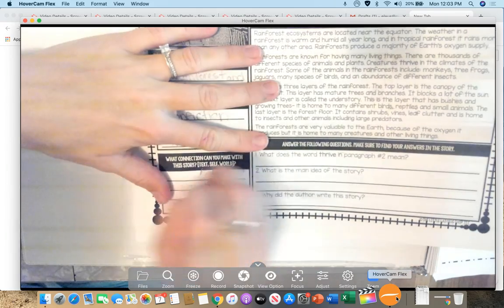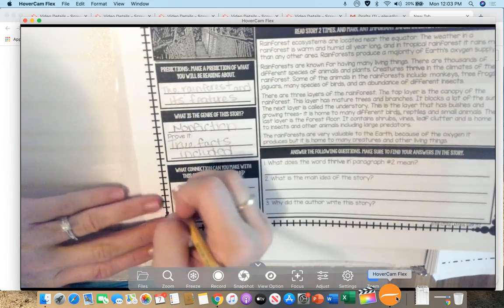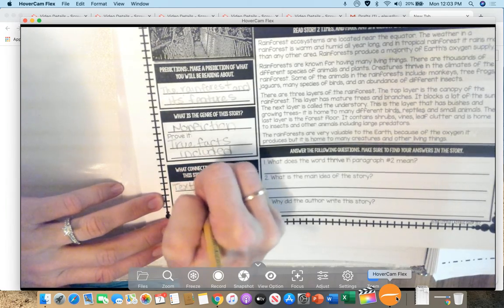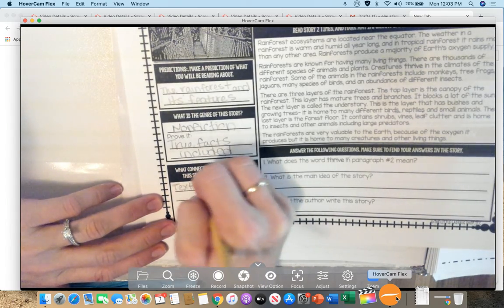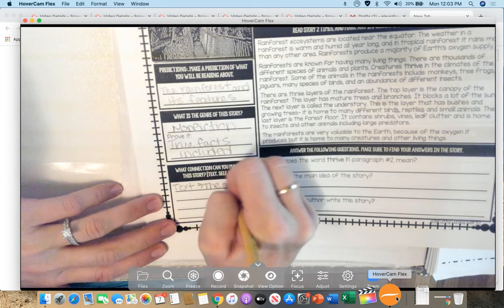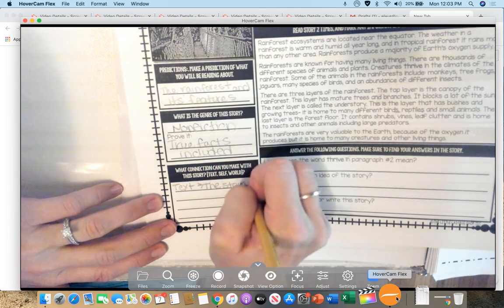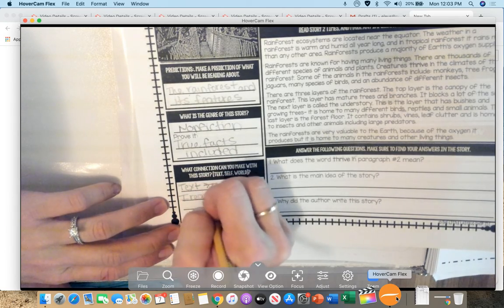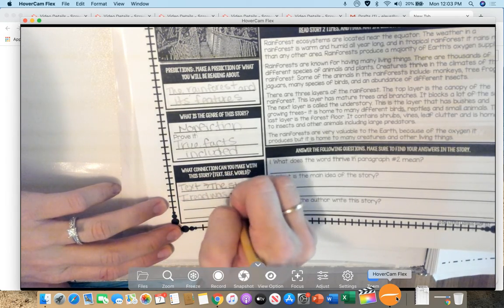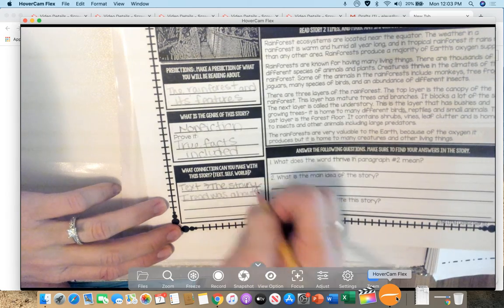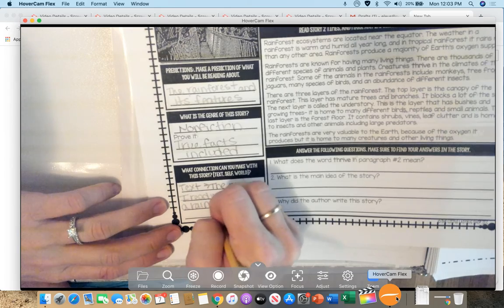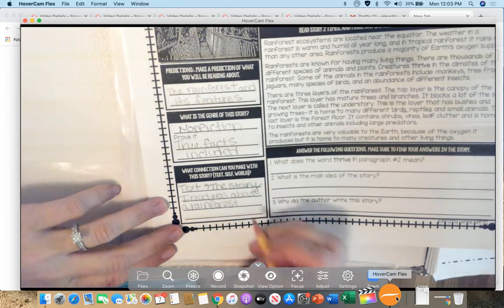So I'm going to do an example of each. An example of relating it to another text is: the story I read was about a rainforest. And you could write the title of that story that had the rainforest.